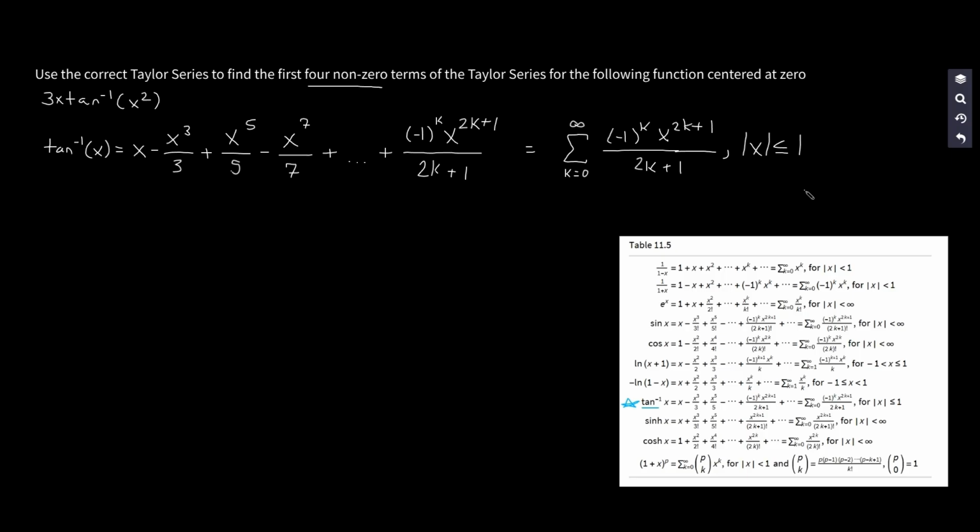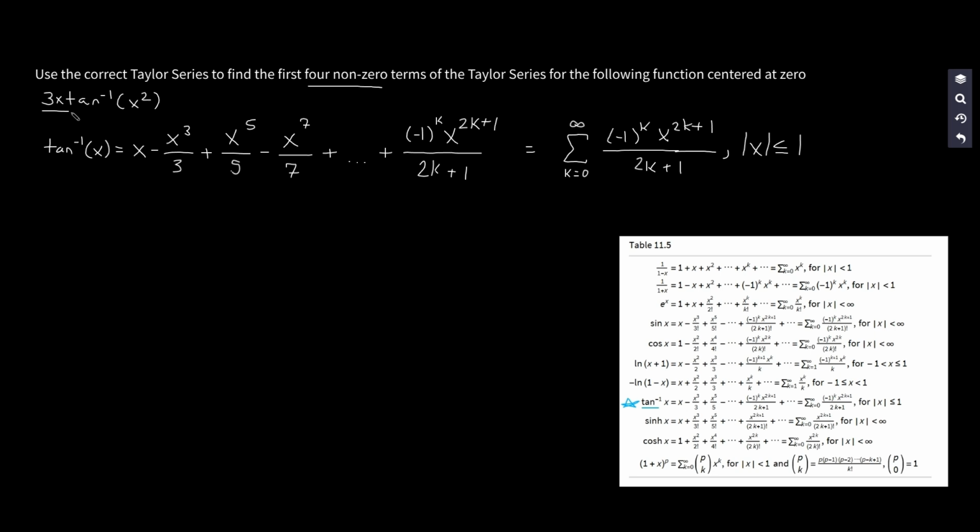At this point, we can see that not only do we have a 3x out front, but the function that's being evaluated is actually arctangent of x squared. So we have to replace every x in the base series with our inner function.